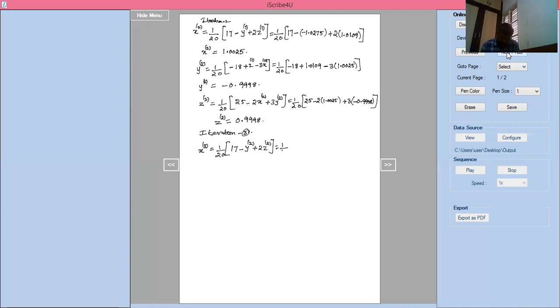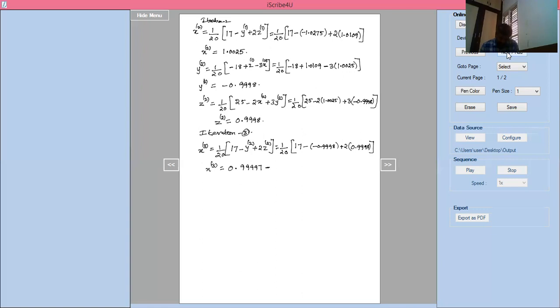Now 1 by 20 into 17 minus y of 2, which is minus 0.998, plus 2 into z of 2, which is nothing but 0.998. Now we'll simplify this, 17 minus of minus 0.998 plus 2 into 0.998. We'll get x of 3 is 0.497.